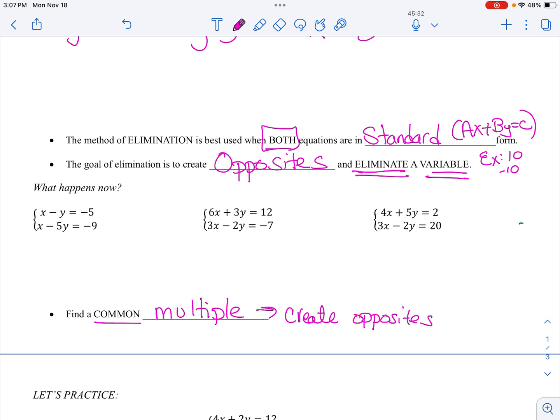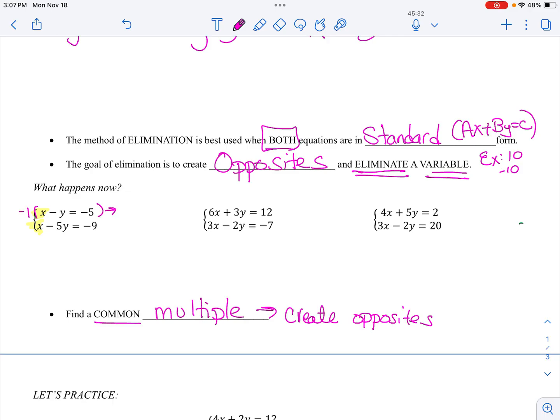So in other words, if I look here, I notice that this is a positive x and this is a positive x. So those are both 1s, but they're not opposites. The opposite of 1 is -1. So what I could do is multiply one of those equations by a -1. Doesn't matter which one, I'll do the top one.